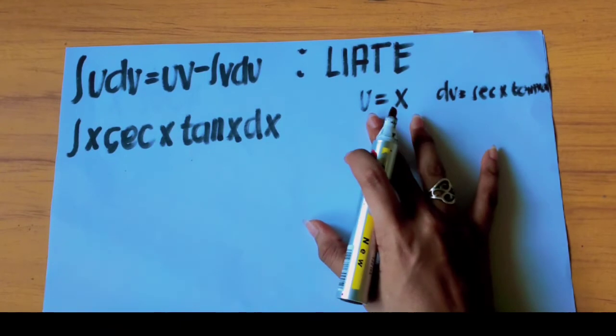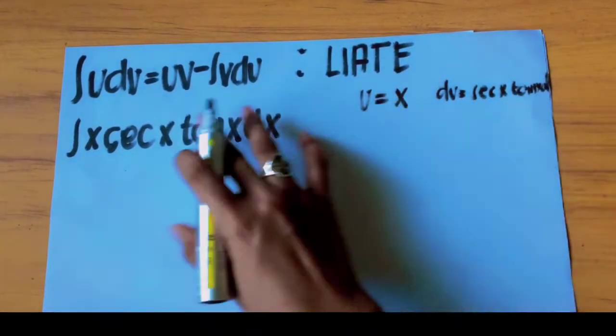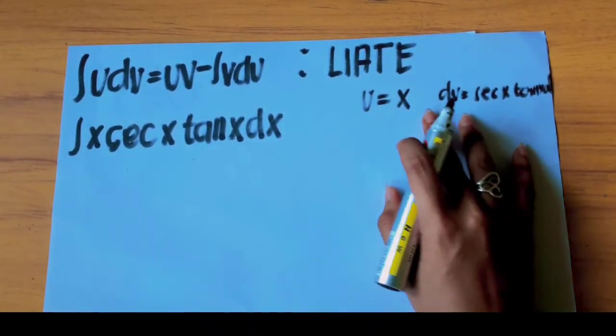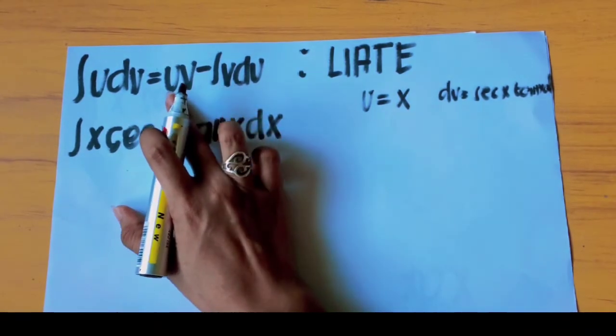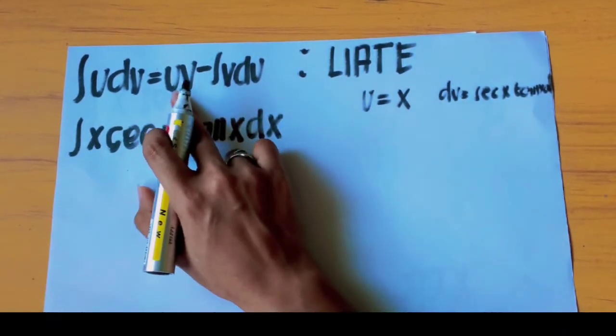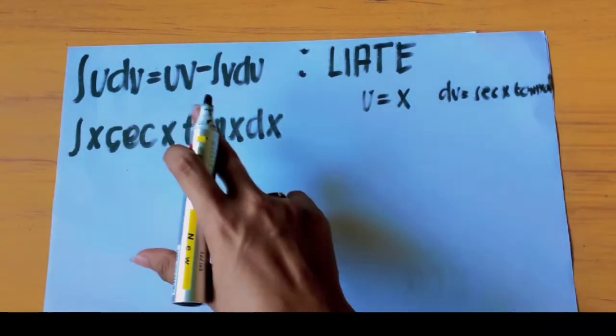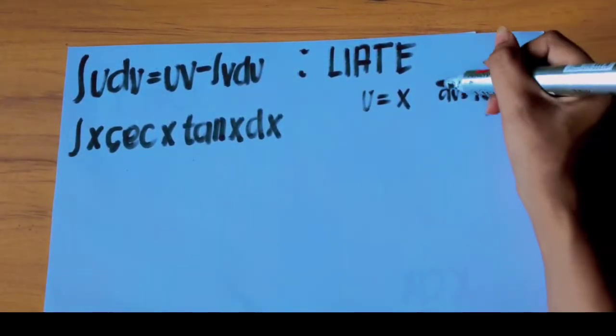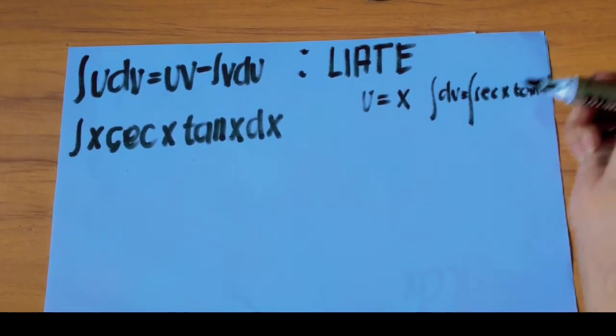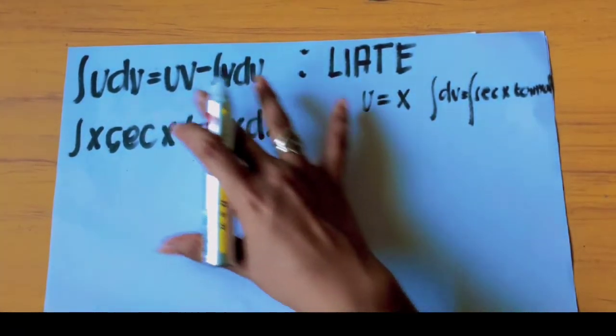So we have u and dv. Meron na tayong u, wala pa tayong v. So, paano natin makukuha yung v? By integrating these parts, makukuha natin yung v.